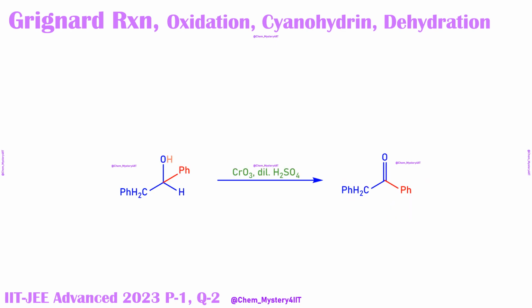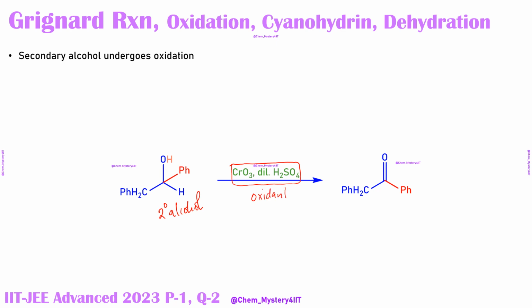So this is the second part of that reaction sequence, in which the oxidation takes place. When we do oxidation with CrO3, this is a 2 degree alcohol, and these 2 degree alcohols are oxidized using dilute H2SO4 in presence of CrO3, a very strong oxidant.